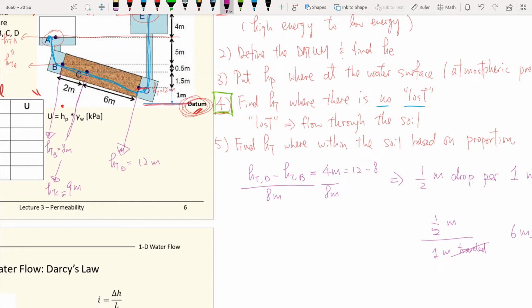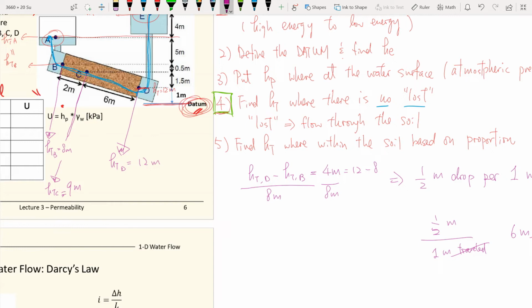So again, the whole thing is based on the concept of proportions, like a linear loss of energy. We can do this because this is a homogeneous, isotropic soil. Later in this lecture, we will talk about when the soil body is more than one type of soil.